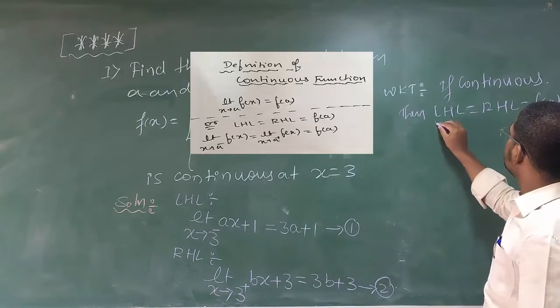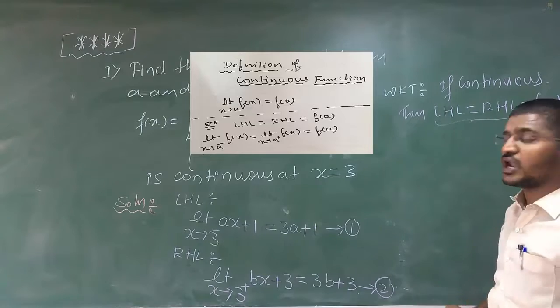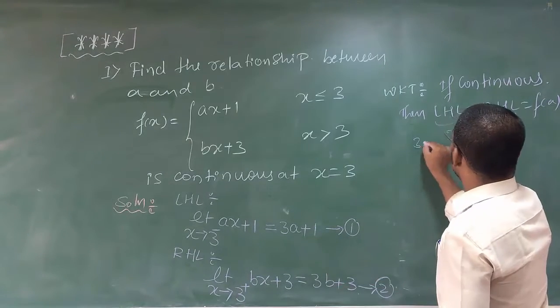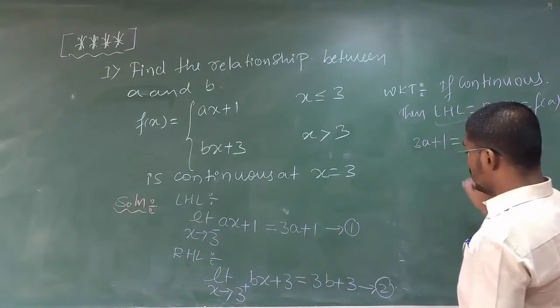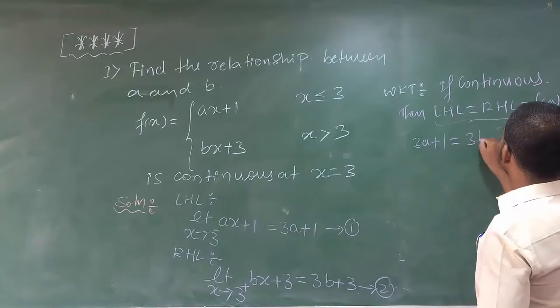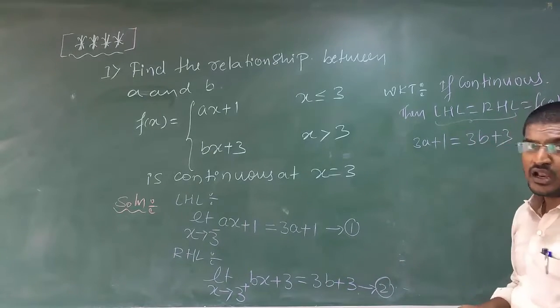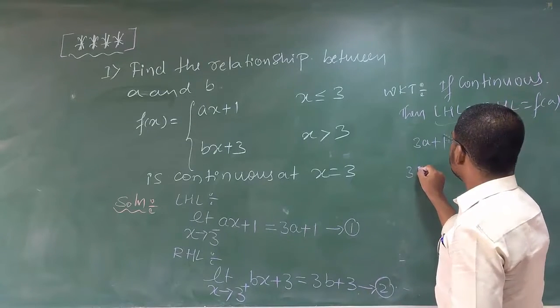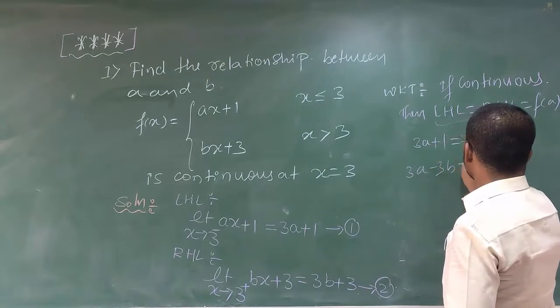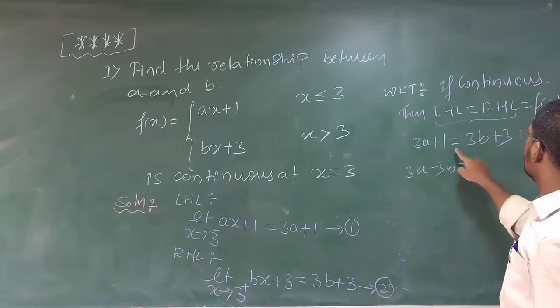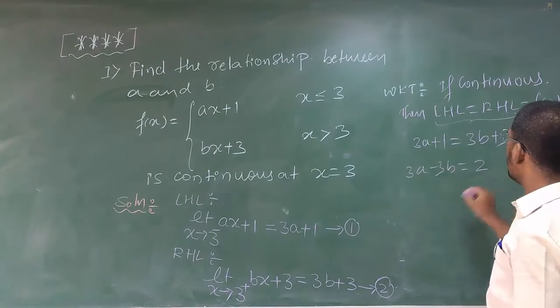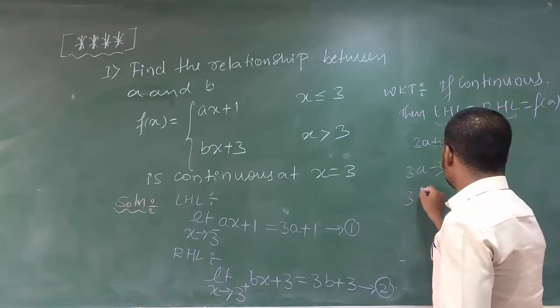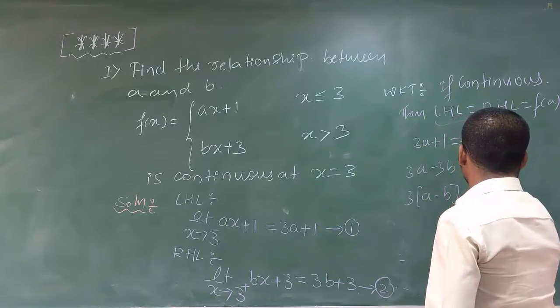I will use this LHL equal to RHL, that is 3a plus 1 equal to 3b plus 3. Clear? Take 3b to the left hand side, it will be 3a minus 3b. Take 1 to the right hand side, it will be 3 minus 1, that is 2. Here 3 is common. 3 times of a minus b equal to 2.